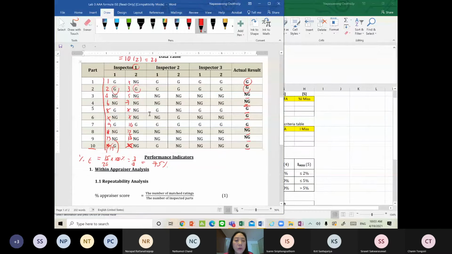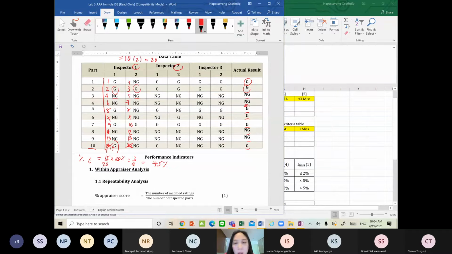Inspector number 2 first. I think it should be enough.